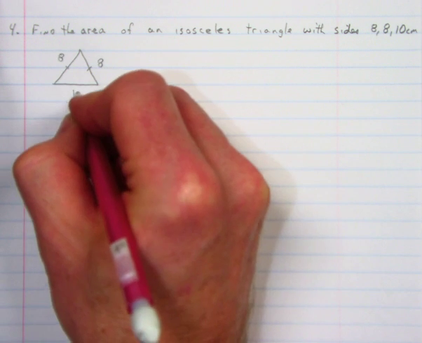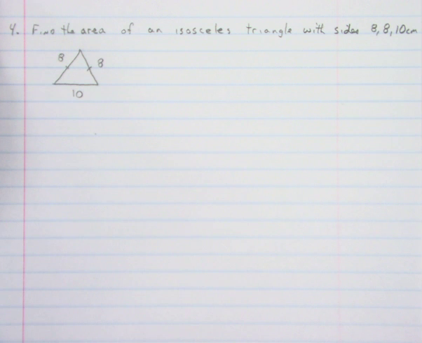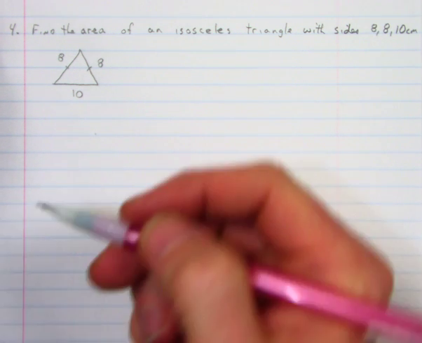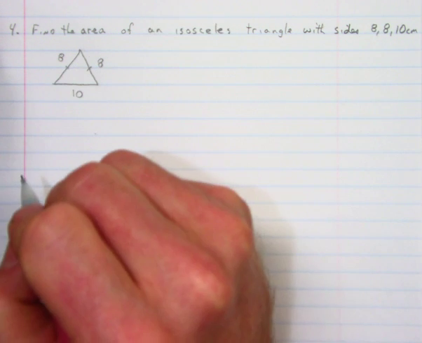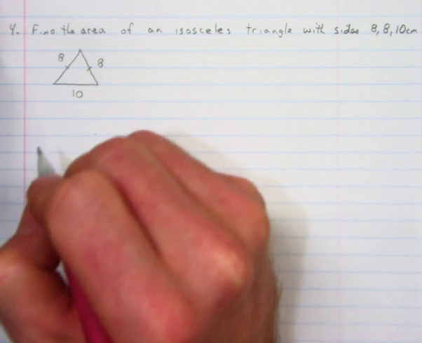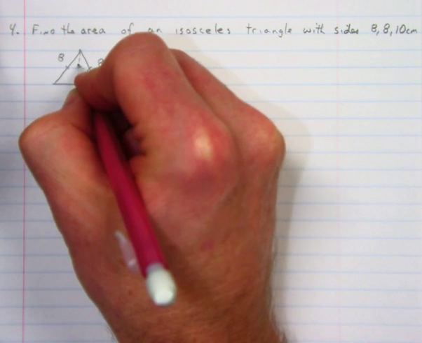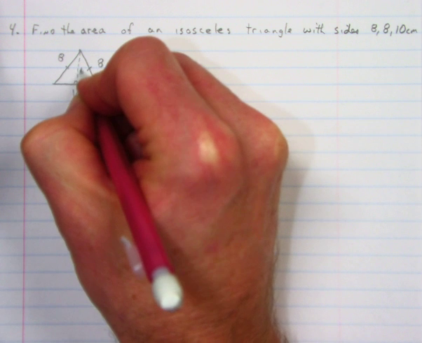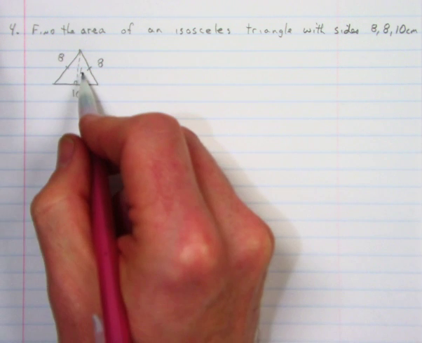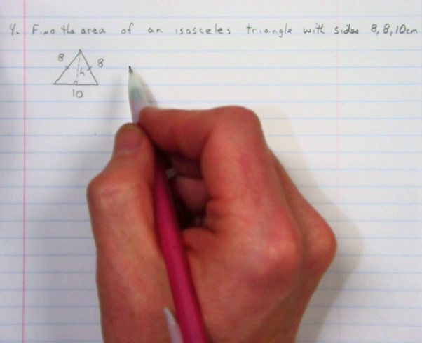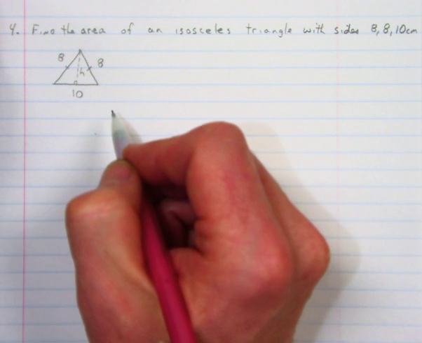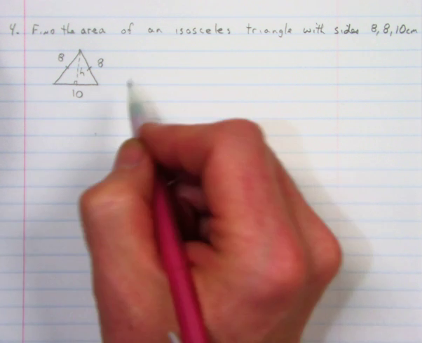So the base side would be 10. Now, how are we going to go about doing this? We want to find the height of this triangle, because I know the base, and all I need to do is find the height. And once I have the height, I'll be able to do it.